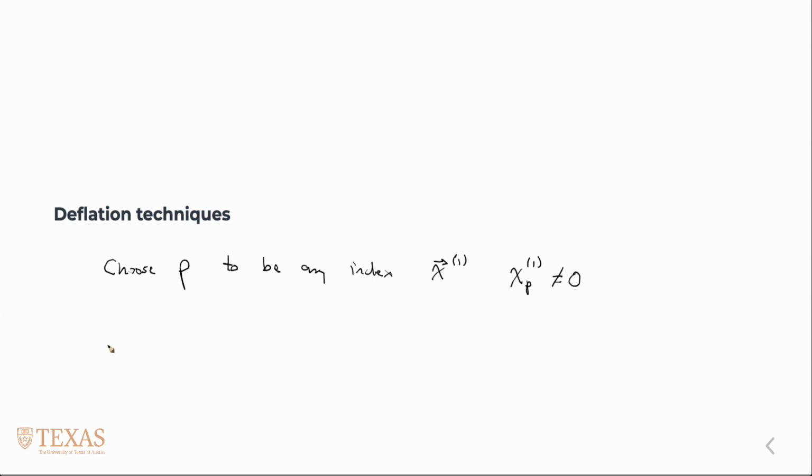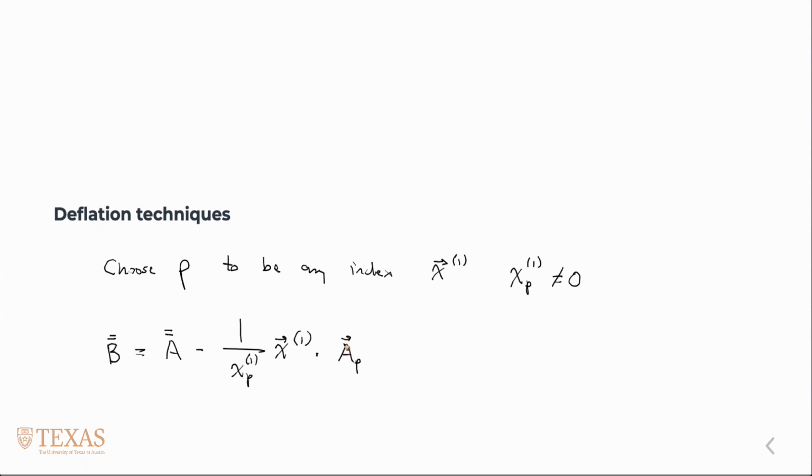And what we're going to do then is establish a matrix B that's equal to A minus this term, where the double overbars indicate a matrix, and the single indicates a vector.